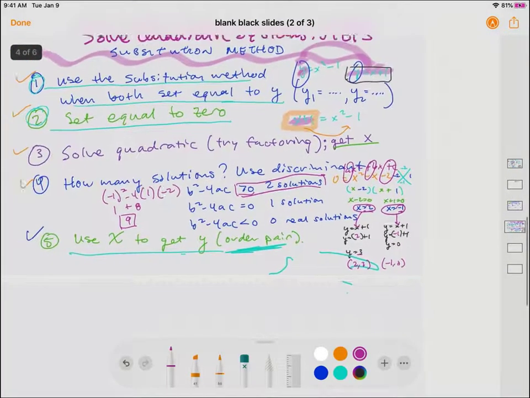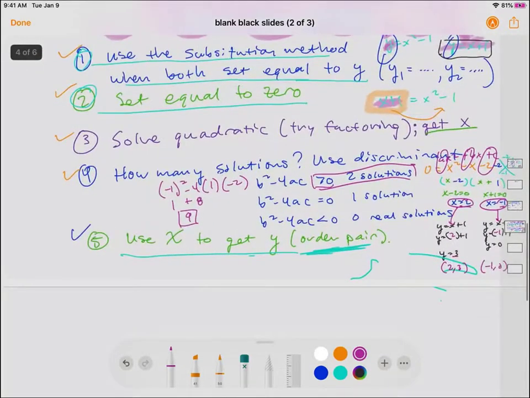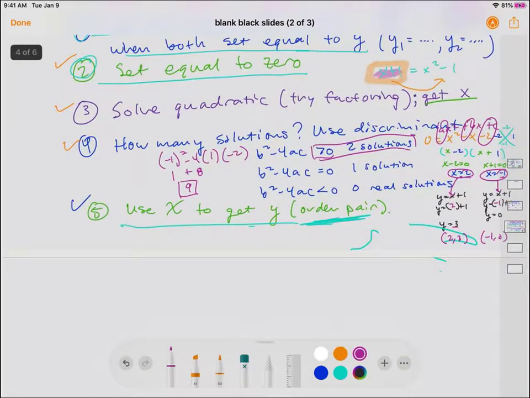And you can graph that to verify those are your solutions. Let's quickly graph that. y equals x squared minus 1. That's a quadratic, and it's shifted down 1 unit, and the graph looks like that. And then let's graph our x plus 1.